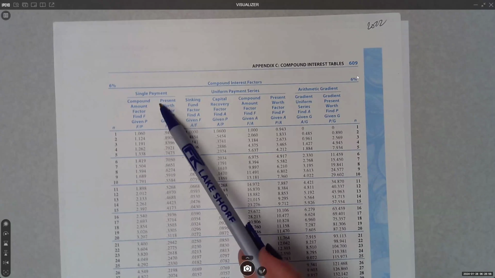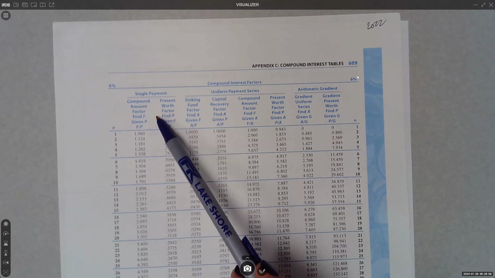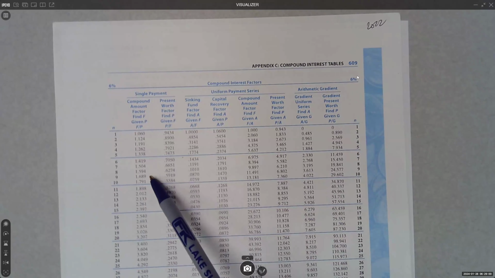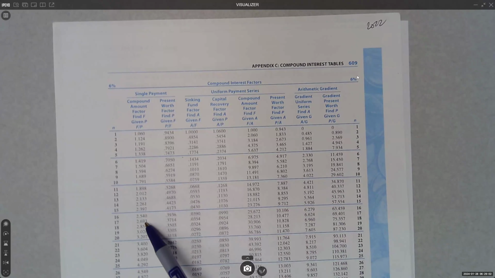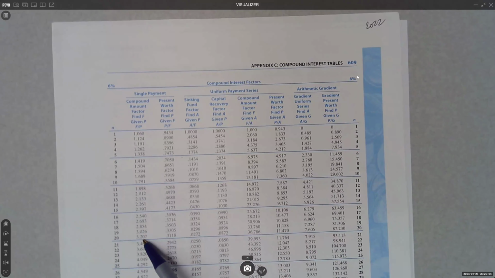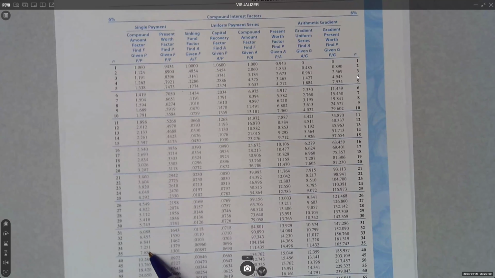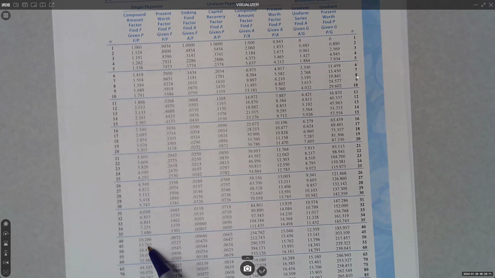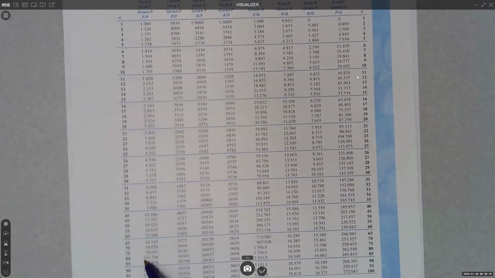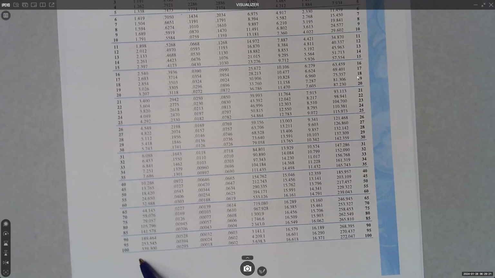So we have periods that are going in single digits, 1 through 5, 6 through 10, 11 through 15, 16 through 20, 21 through 25, 26 through 30, 31 through 35, and then we start jumping up by fives. So after 35 periods, we're going to start going by fives, 40, 45, 50, 55, and we go all the way down to 100.